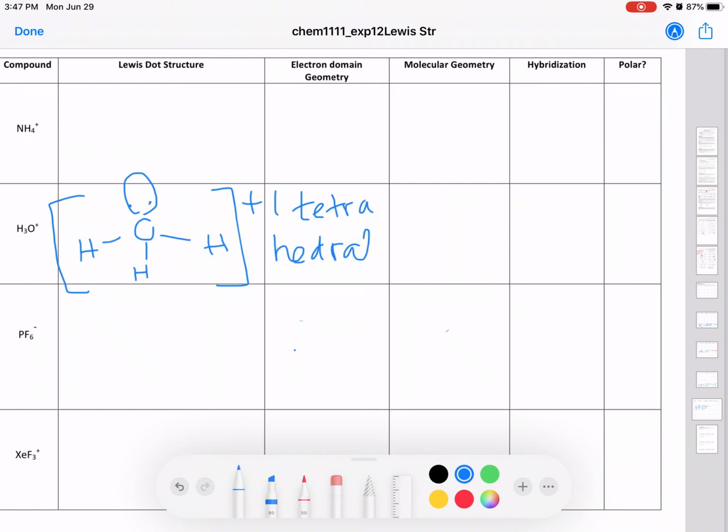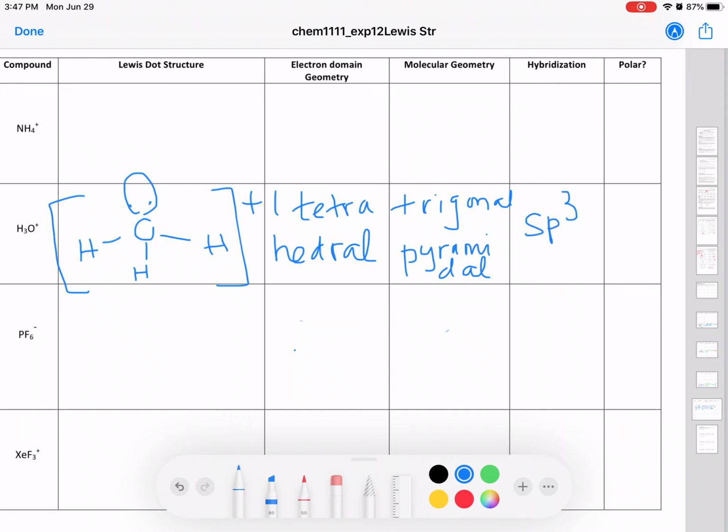And what about the molecular geometry? You can refer to the chart. When you have a tetrahedral electronic geometry with 1 lone pair, that's going to be trigonal pyramidal. And then the hybridization, when you have 4 groups, that's going to be sp3.